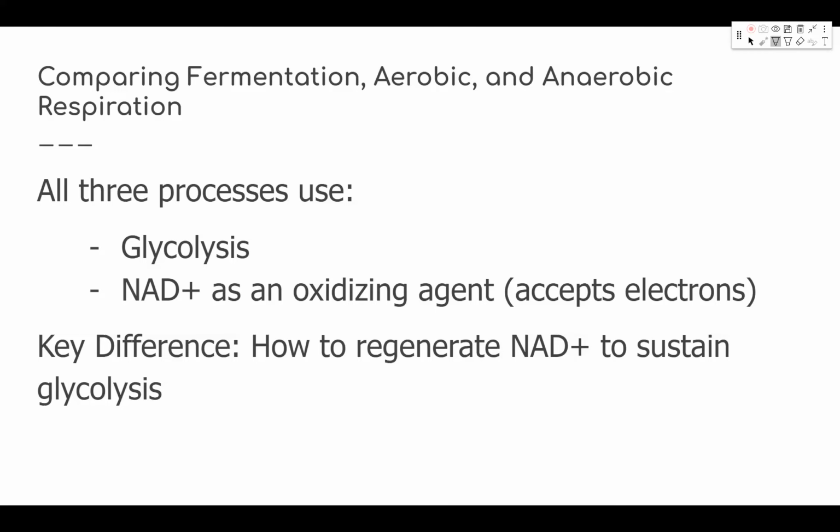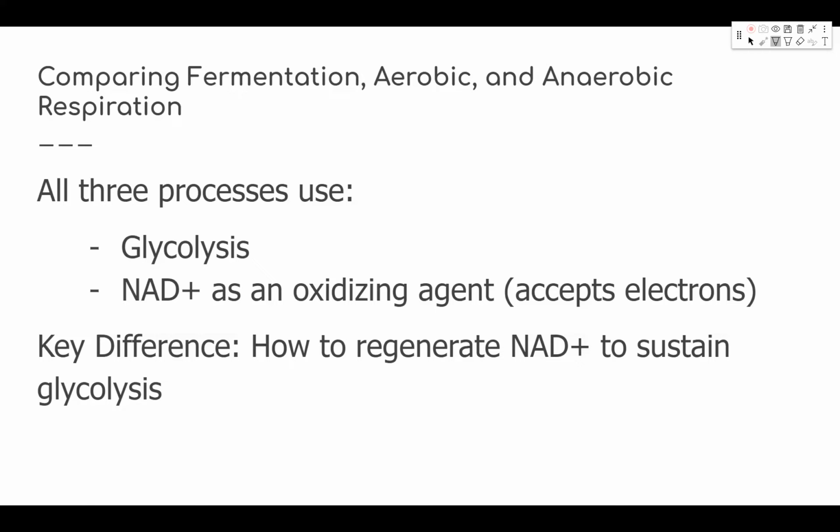We're going to start with what they have the same. What's similar with all 3 of these processes? All 3 of them start with glycolysis.